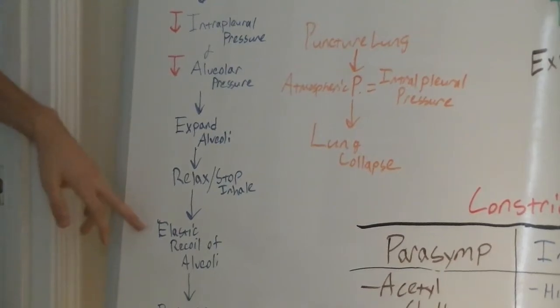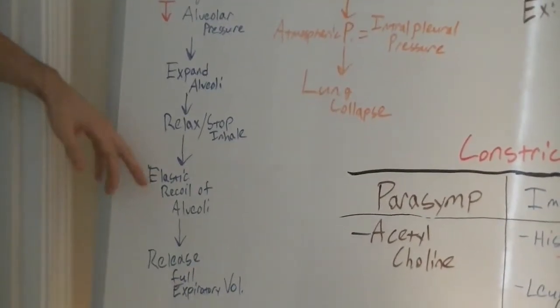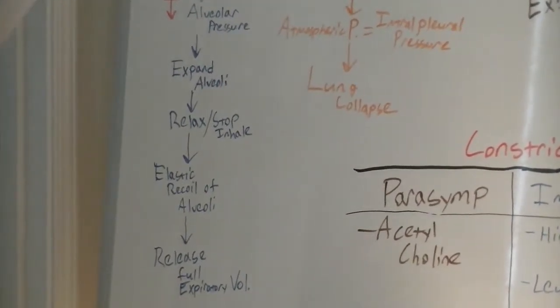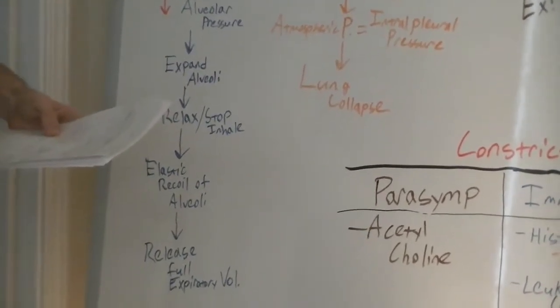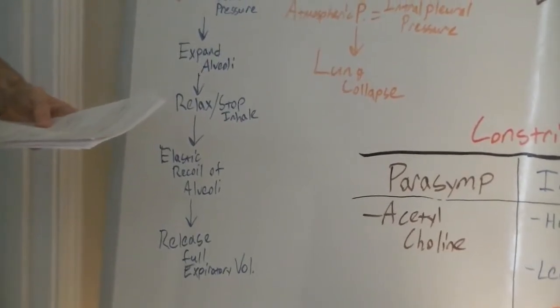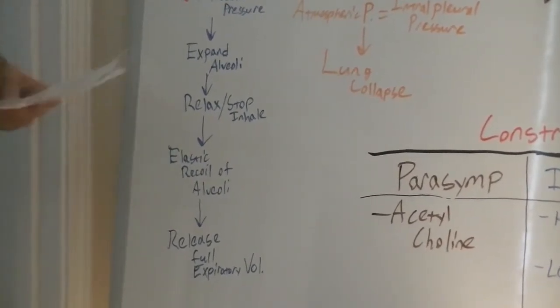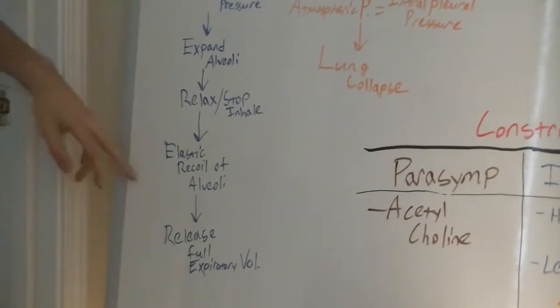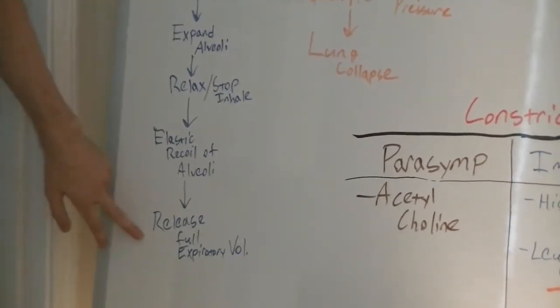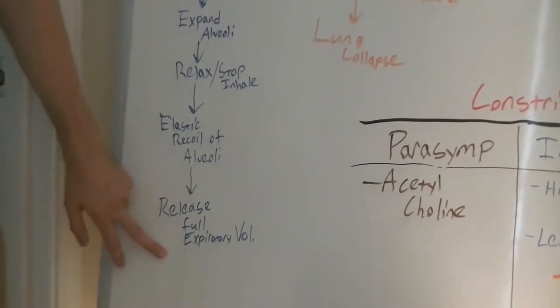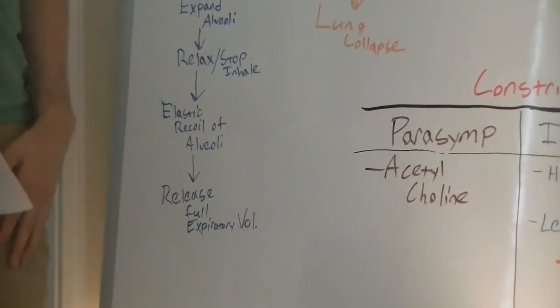And then elastic recoil of the alveoli is going to take place, and that's basically like stretching a balloon out. It's really elastic. And then the recoil is when you let go of that balloon and all the air just comes out because it snaps back. And then with the elastic recoil of alveoli, you get a release of the full expiratory volume. So all the air is going to come out just like that balloon.